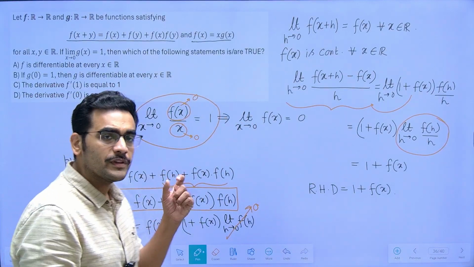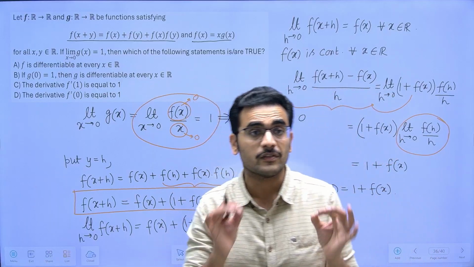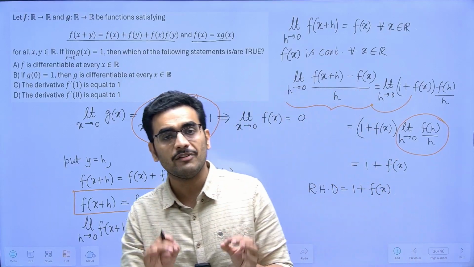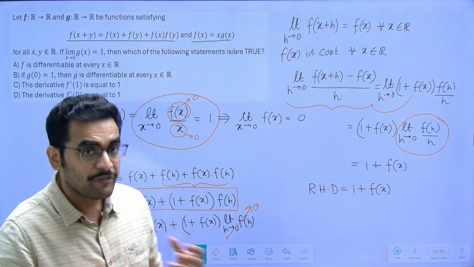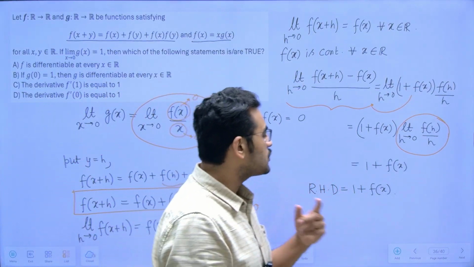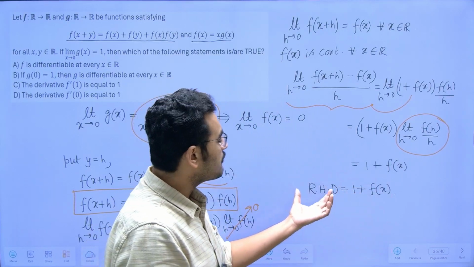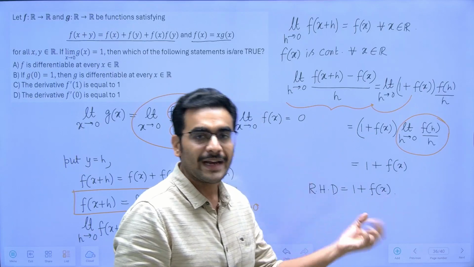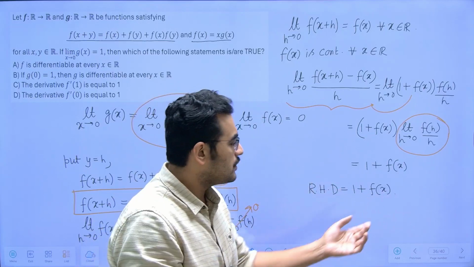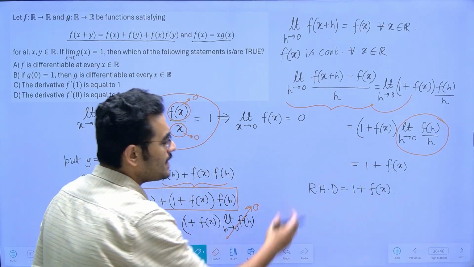And we have already proved that f(x) is a continuous function. That means f(x) is taking some real finite value at every point. So for every possible value of x, this is going to be a real finite value. So I can confirm that RHD is equal to some finite value. For different x, a different f(x) value will come, but it will be some finite value. So RHD is finite.